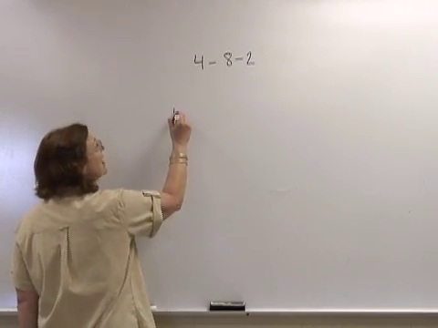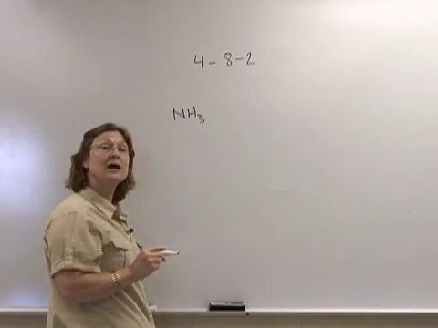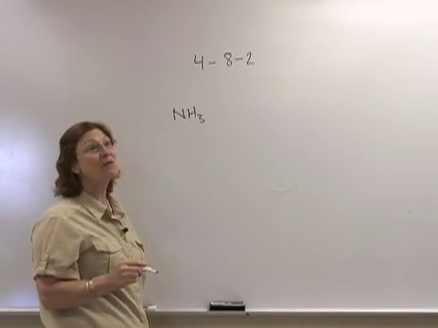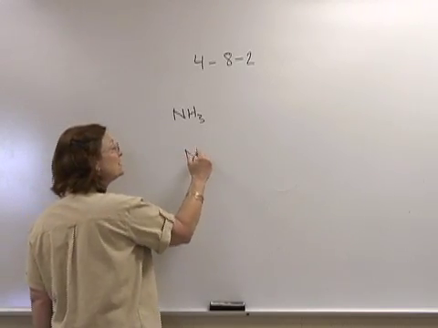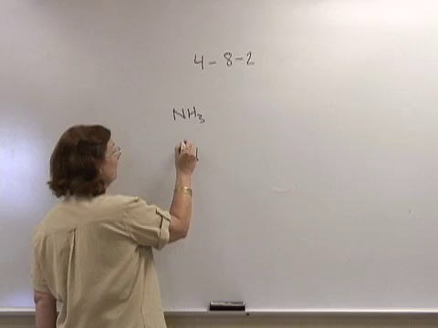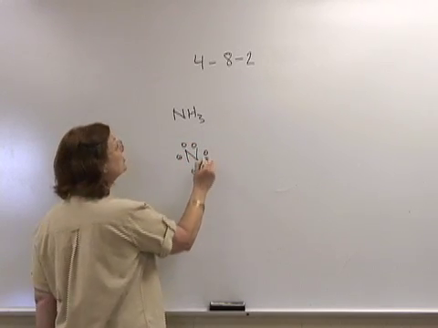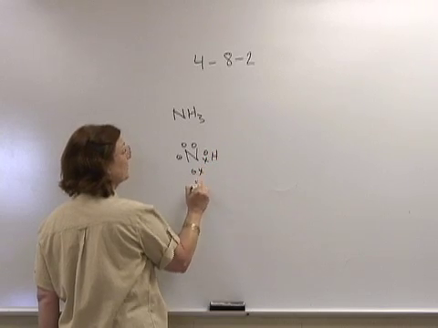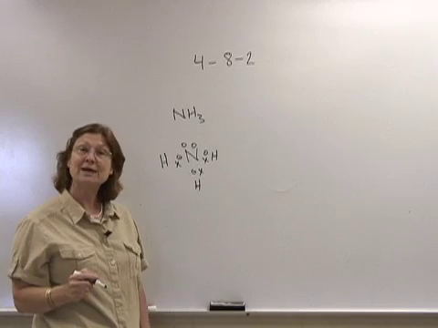Now here, if we have ammonia, and in these it's very important that we draw dot diagrams. You may have to go back and review how many dots things have. Well, nitrogen is my center atom. I have 5 dots, S2, P3. Hydrogen has 1 dot, and therefore I get this trigonal pyramidal shape.